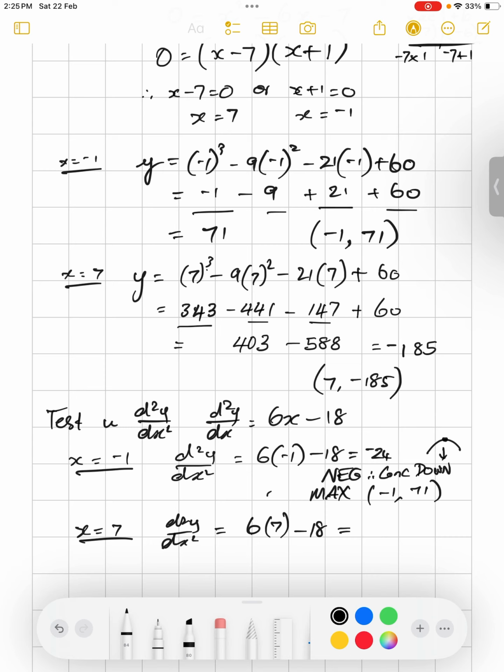And it's positive, therefore it's concave up, and a concave up curve will have a minimum. So it's a minimum at 7, negative 185. So we've got a minimum at 7, negative 185, and a maximum at negative 1, 71.